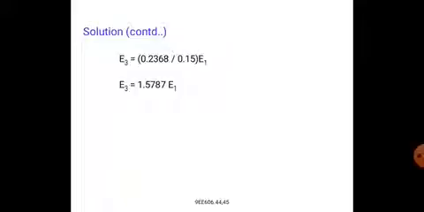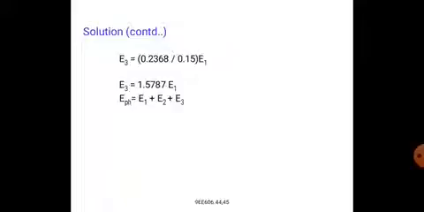So E2 is equal to 0.881 E1 and E3 is equal to 1.5787 E1. We know already E phase is equal to E1 plus E2 plus E3.